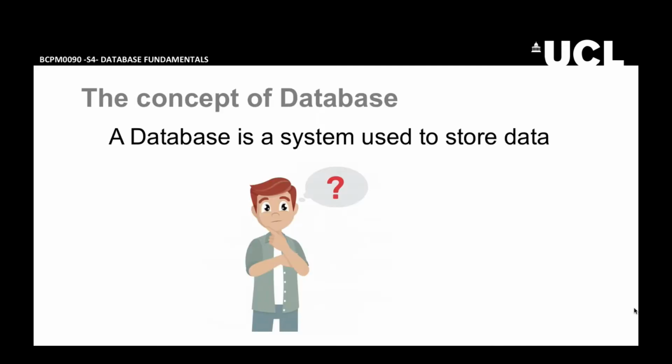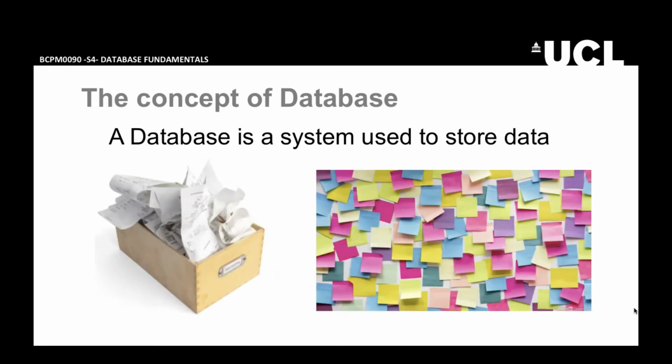An initial idea for database could be to understand a database as a system which is used to store data. Apparently, it makes sense, but this definition would be including, for example, this set of post-it notes, or imagine a box with a lot of purchased tickets inside.